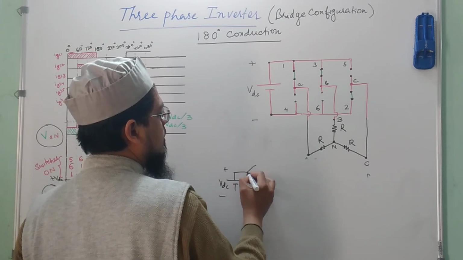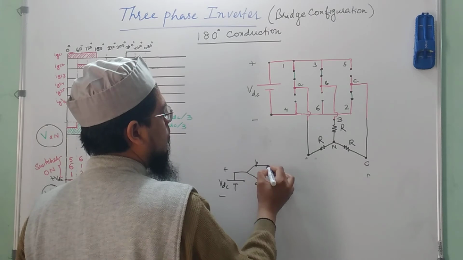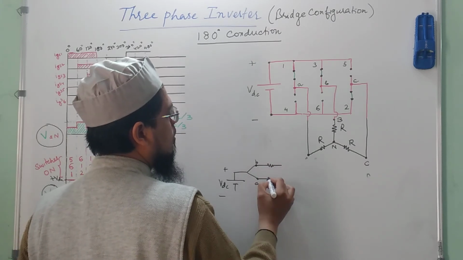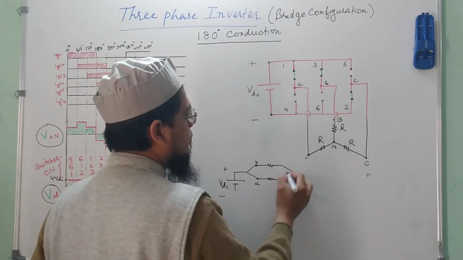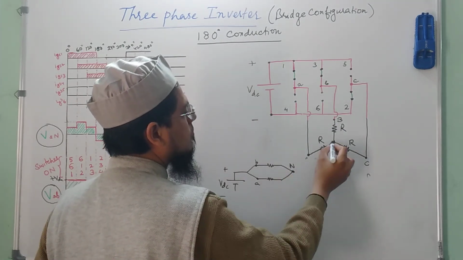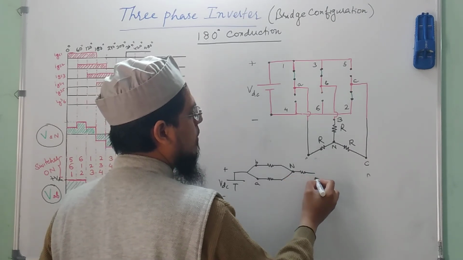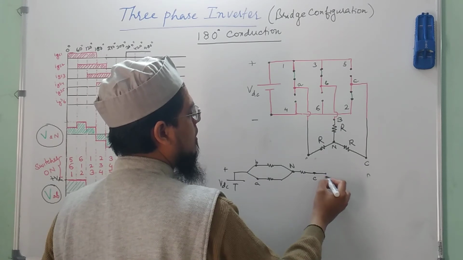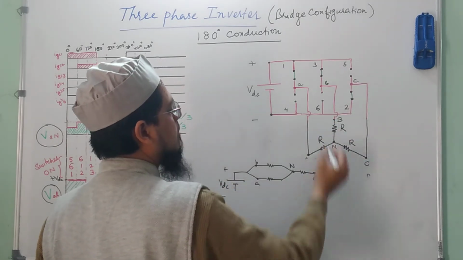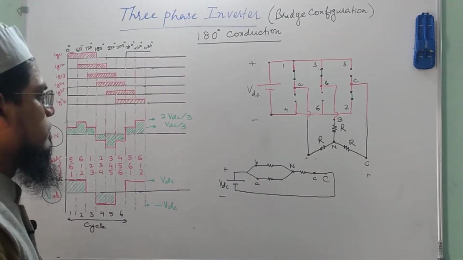So there is a bifurcation here, and this is point B and this is point A. Point B gets connected to R, A also gets connected to R, and then finally they are converging at N, and then going to this point small c, and then to capital C, and then finally coming back to the point minus VDC. Okay.